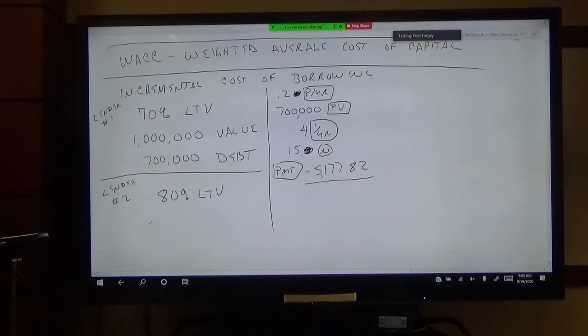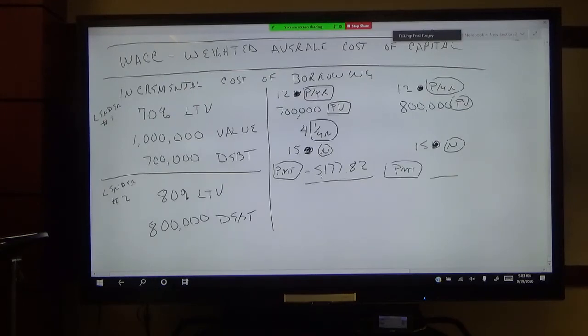That means $800,000 in debt. Okay, so let's put this side by side. We're going to skip over the interest rate for a second. Term is going to be the same, and we'll have our payment.